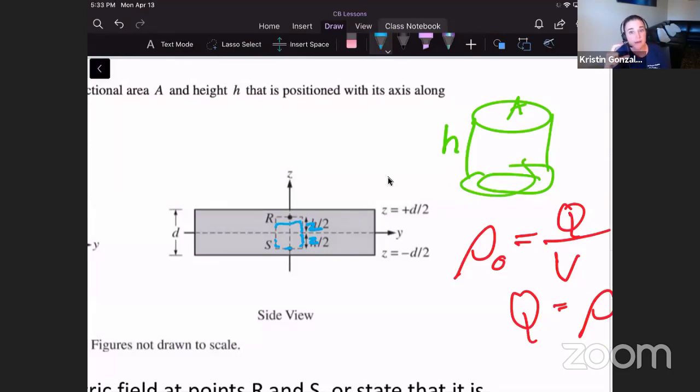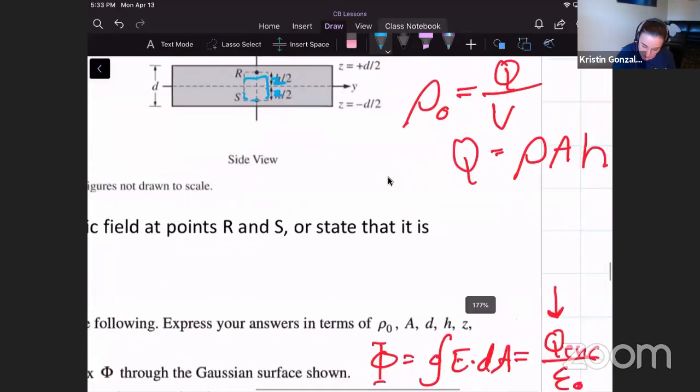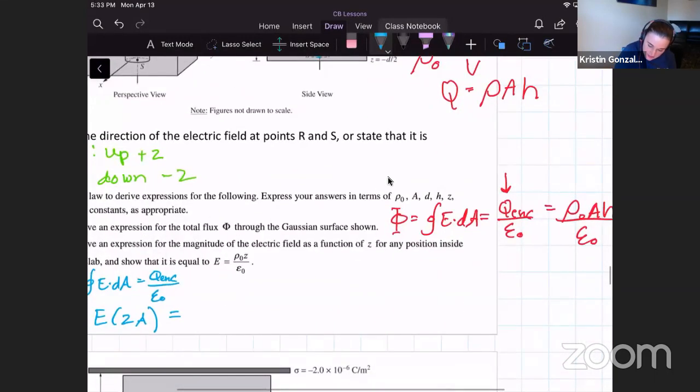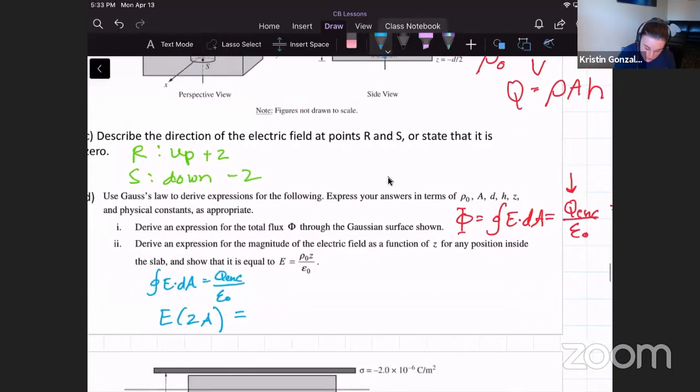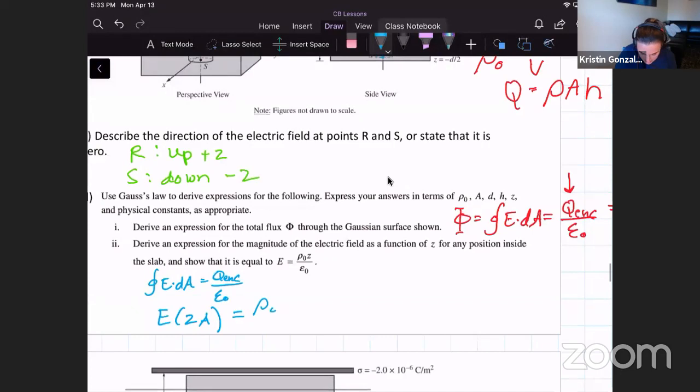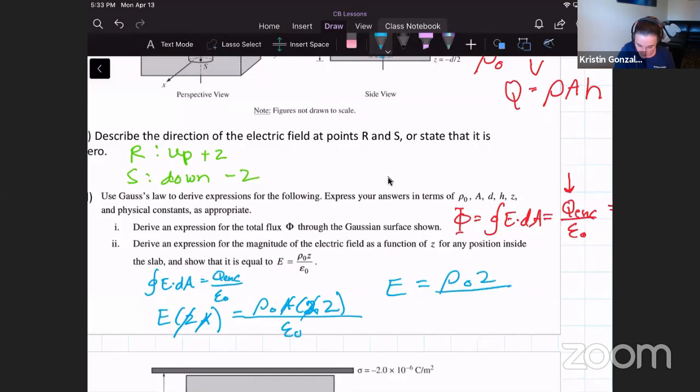It would be 2 times Z. So when we plug in for our Q here, instead of saying H, we need to say it's really 2 times Z. So this is rho naught times A times 2 times Z over epsilon naught. Okay, well, we've got an A here, a 2 here, and a 2 here. So that leaves me that E is equal to rho naught times Z over epsilon naught.